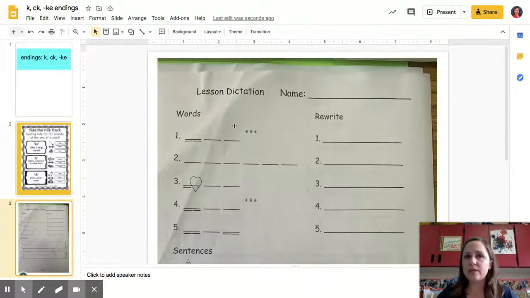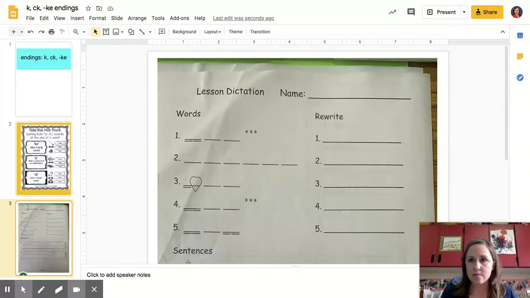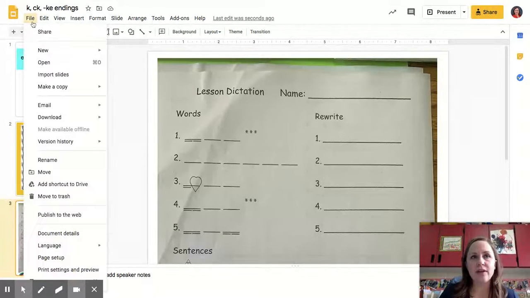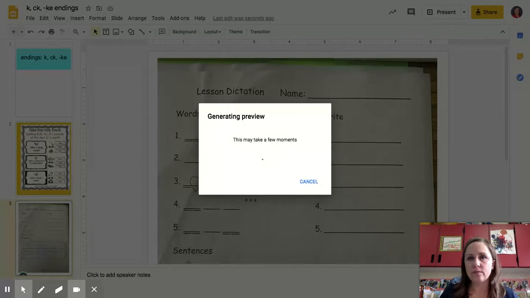I shared this presentation with you, and if you would like, you can print this paper and work this with me. Okay, so I printed this straight from the presentation so that I can work through these words with you. Let me show you how to do that. So you go to File. Just go to the printer.